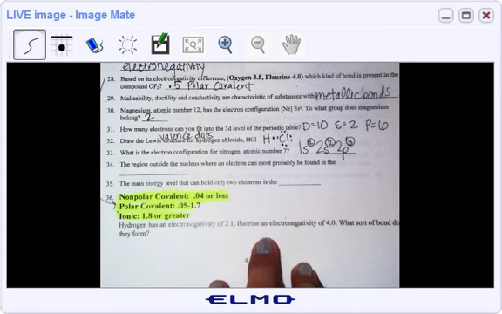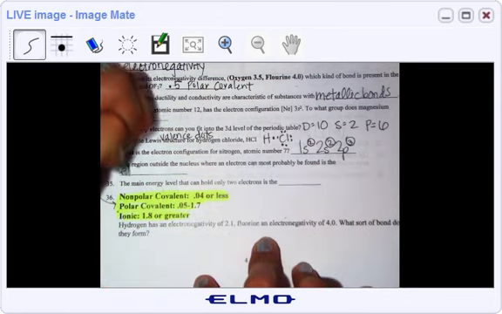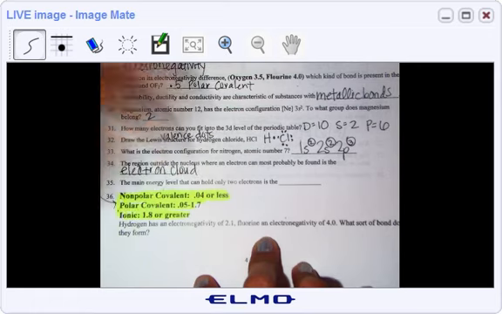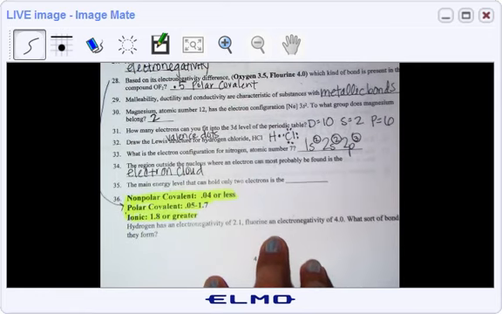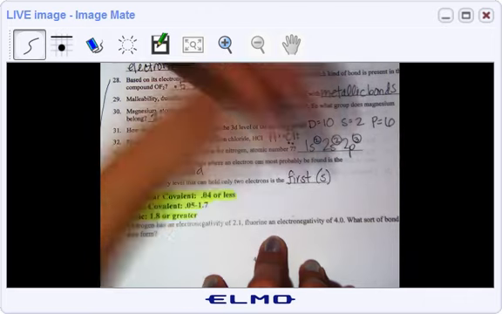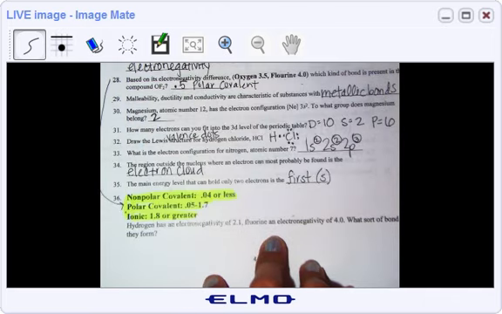The region outside the nucleus where an electron can most probably be found is the electron cloud. The main energy level that can hold only 2 electrons is the first. It's also the S block.